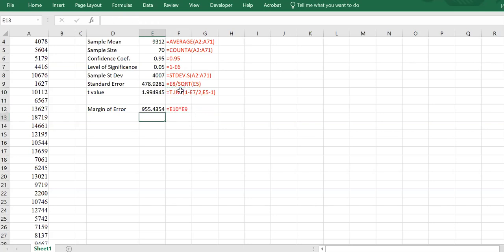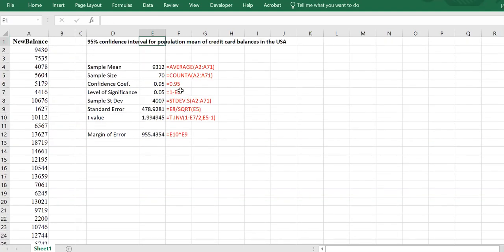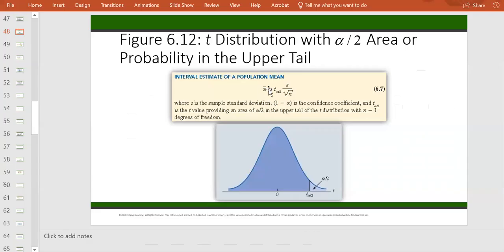So now we have the margin of error and we have the sample mean. The 95% confidence interval for the population mean would be the sample mean plus the margin of error, that would be the upper limit, and the sample mean minus the margin of error, that would be the lower limit.